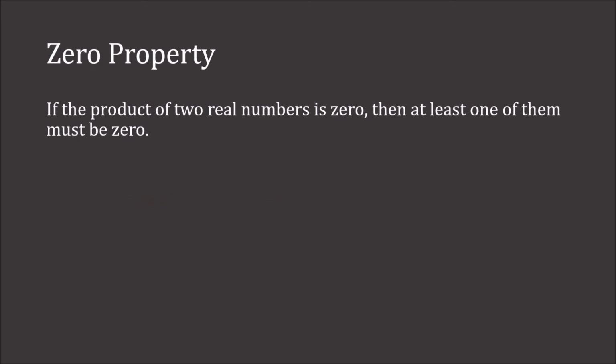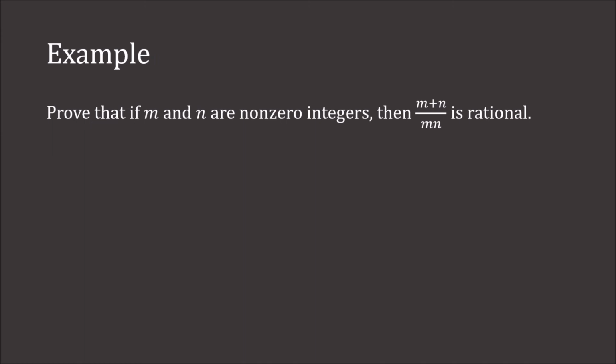So the zero property, you should have learned this in algebra. It states that if the product of two real numbers is 0, then at least one of them must be 0. And we're going to use this property in the following proof. We will prove that if m and n are non-zero integers, then m plus n over m times n is rational.